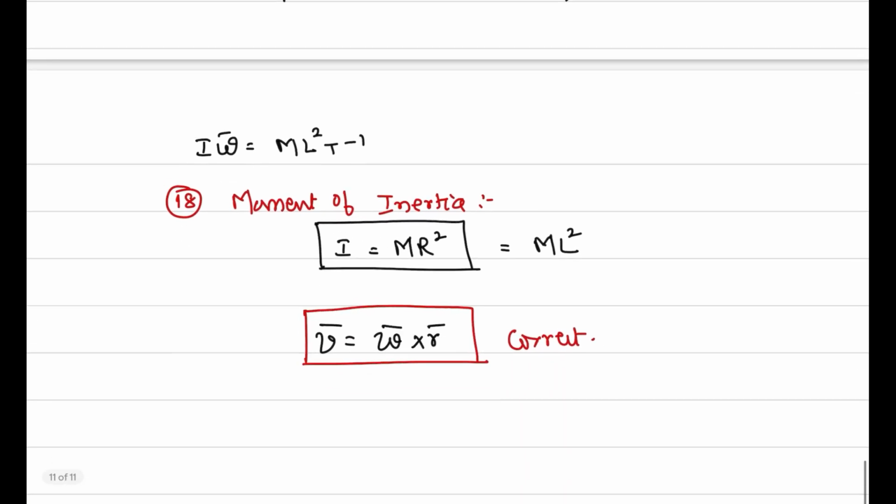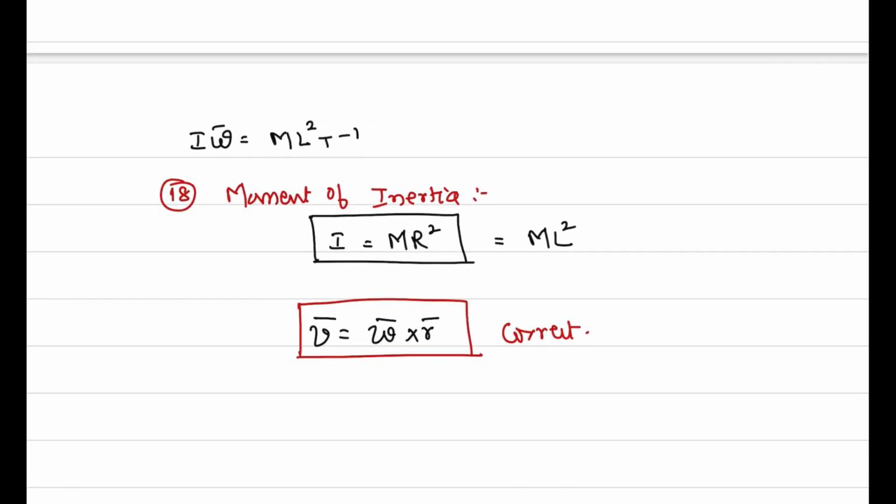Moment of inertia I is equal to mr square, that has dimensions ML square, and velocity is equal to omega cross r. This is what in this class. I want to close this class now, and these units, these dimensions, and these equations I will be extensively using from the next class onwards, and explain the rotational motion.